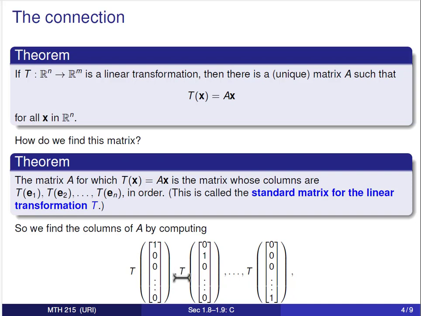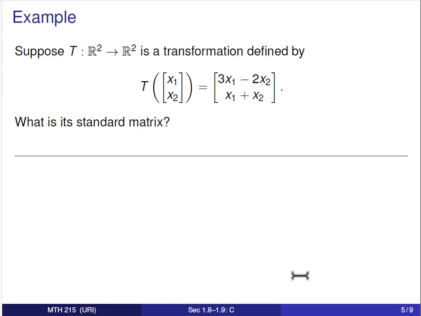Make the second column of your matrix whatever you get from applying T to E2, and so on all the way through the nth column, which will be T of En. We will see a number of examples to emphasize this theorem, but that's the main point of this video. So let's take a look at our first example.